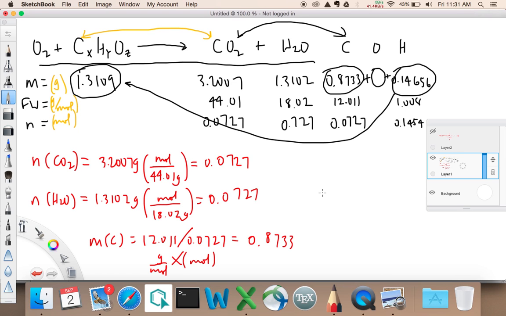And I'm going to subtract that from the original number, which is 1.3109 minus that, and this is going to give me the mass of oxygen. The mass of oxygen is equal to 0.291. And the formula weight of oxygen is 16, so the moles of oxygen is equal to 0.291 divided by 16.